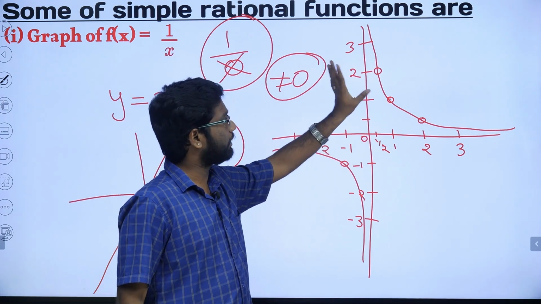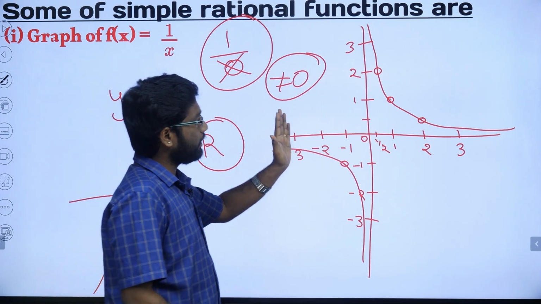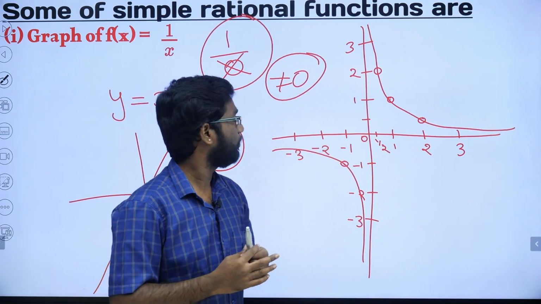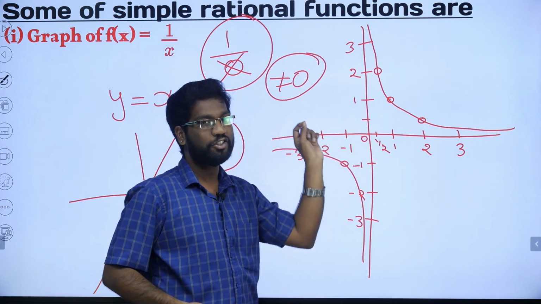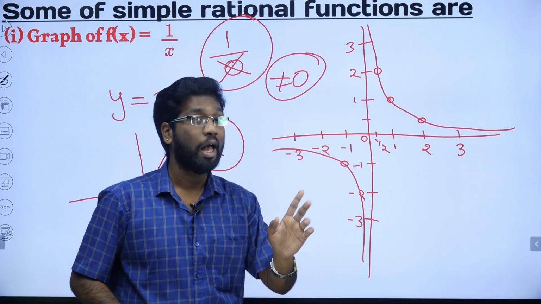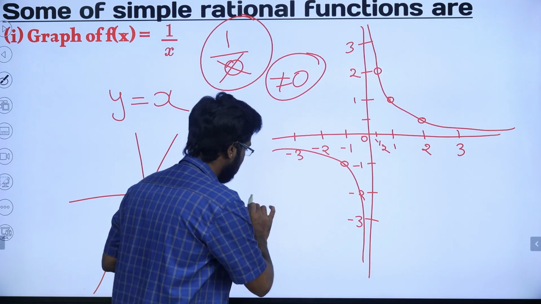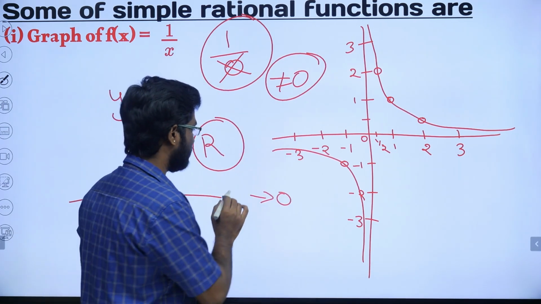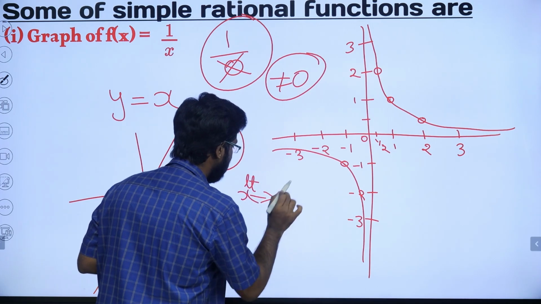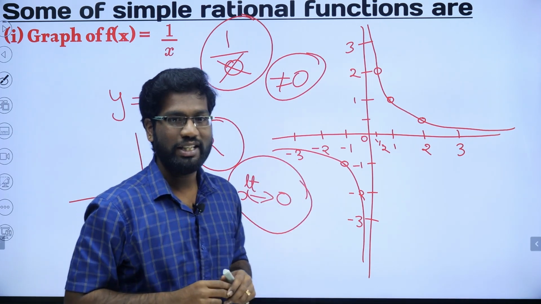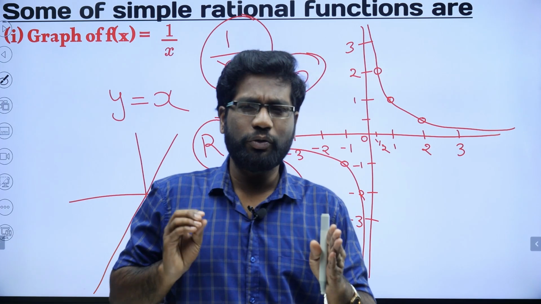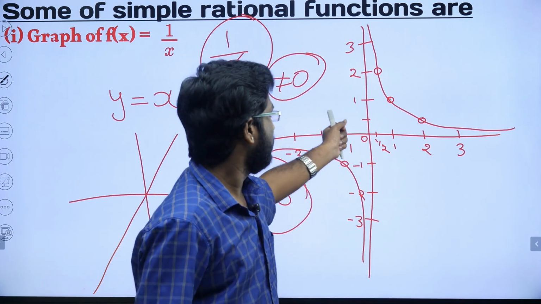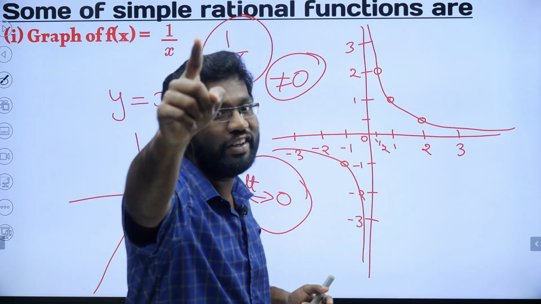So see clearly, my dear students, here 0. One thing I have to say: this function does not equal 0, but this function is approaching 0. That's what they have mentioned in calculus, my dear students. Limit x tends to 0 means it goes very close to 0, but it never touches the 0.